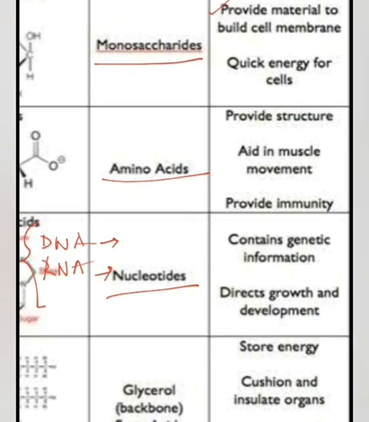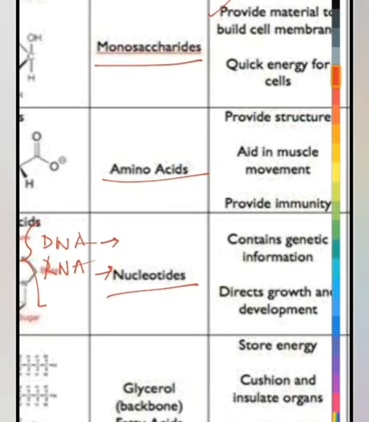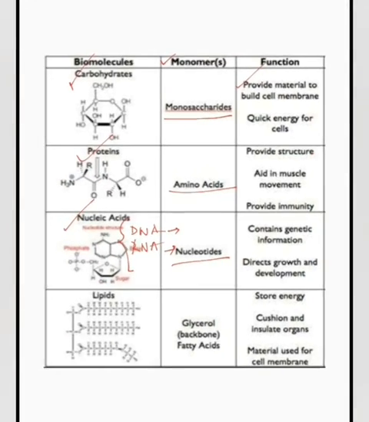Now you must know the function of these nucleotides. They contain genetic information. We all know that DNA carries genetic information, and they also help direct growth and development of our body.